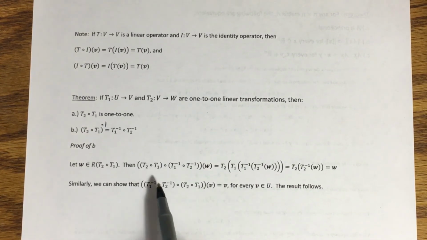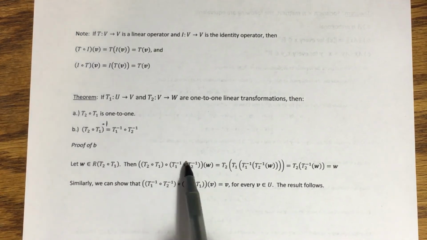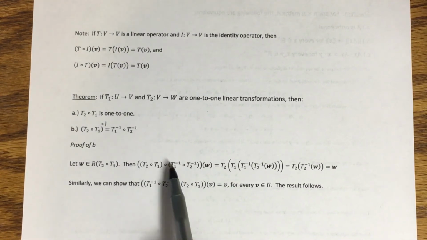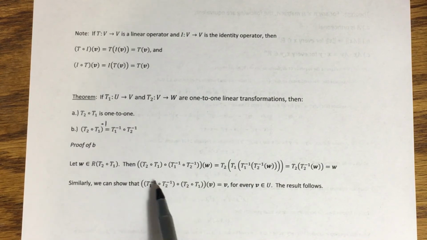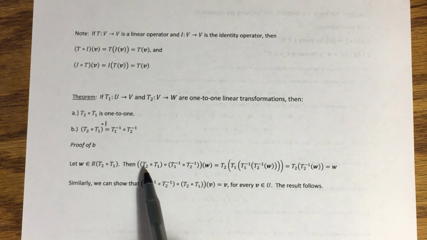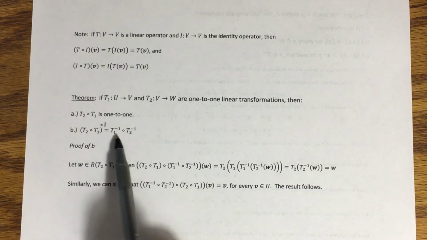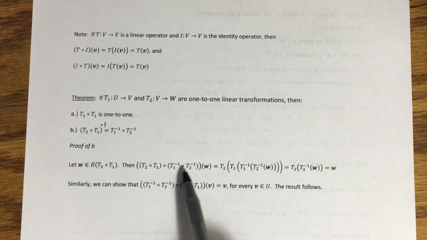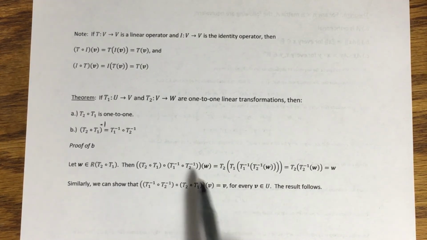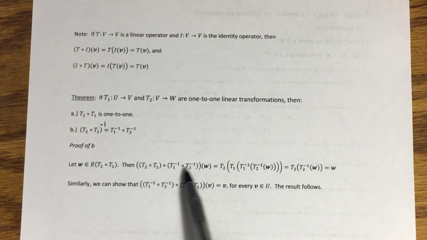Okay, so I'm going to do that. Now, technically, we're supposed to show that the composition does this in both directions, but one direction is going to look almost identical to the other, so I'm only going to worry about one direction here. Take the original transformation, T2 composed with T1, and compose that with this guy right here, the inverse of T1 composed with the inverse of T2. What is this thing?